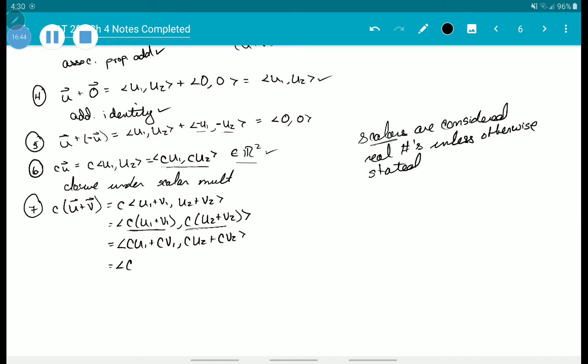And that's the same thing as this, which is the same thing as this. So you can see how we just proved that axiom holds.